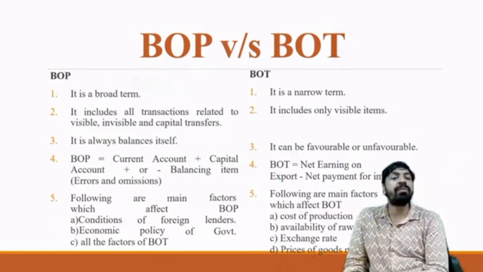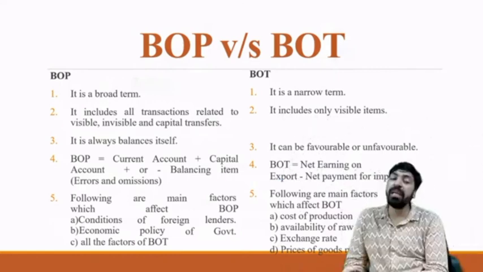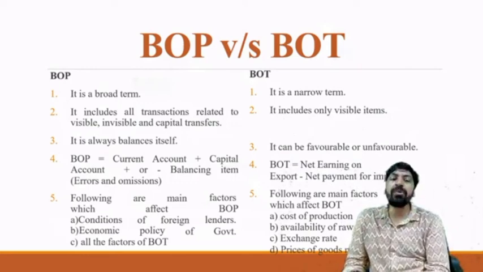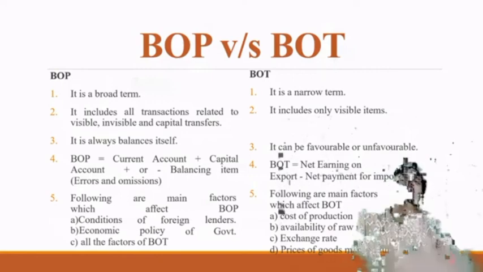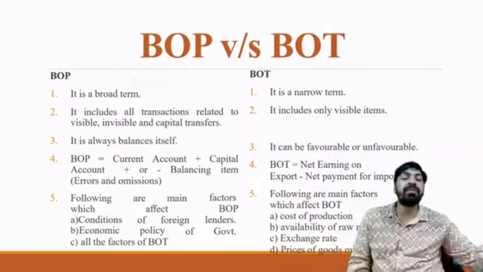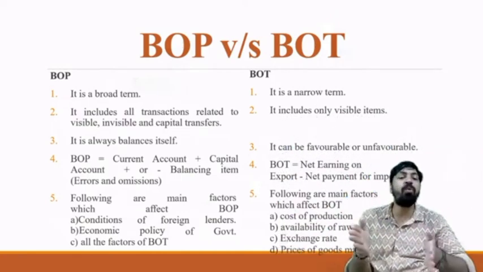When we talk about the balance of payment, the mathematical formula which needs to be written down is current account plus capital account, or we just say a balancing amount. That means we are balancing the receipts and the payments accounts to be equal.